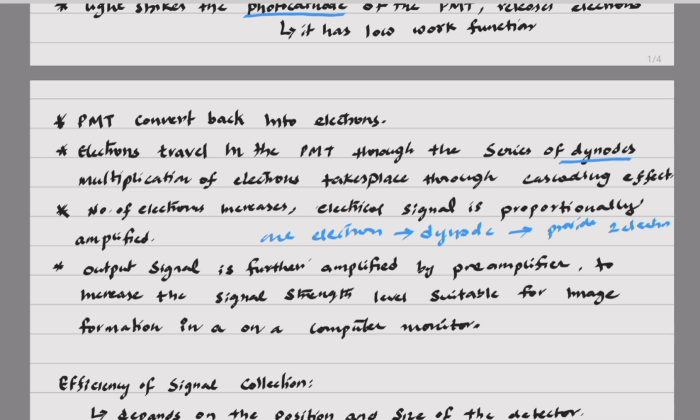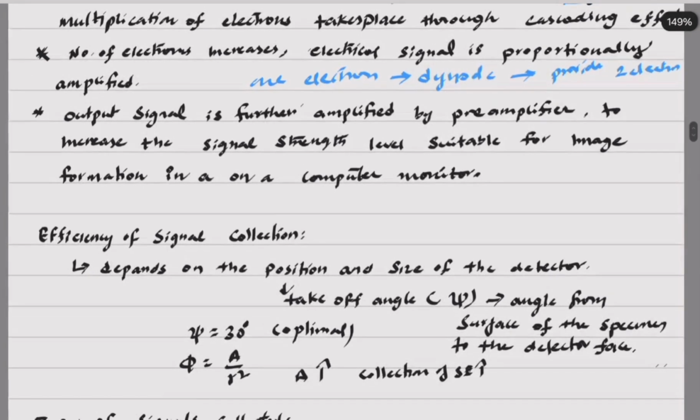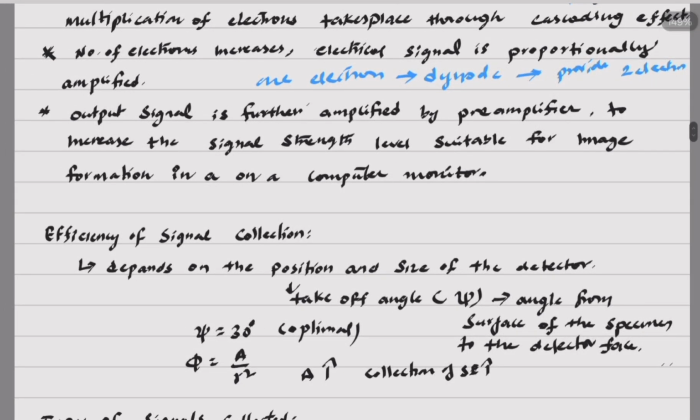These signals will be amplified. The output signal is further amplified by a preamplifier to increase the signal strength, so that it is suitable for image formation on a computer monitor.